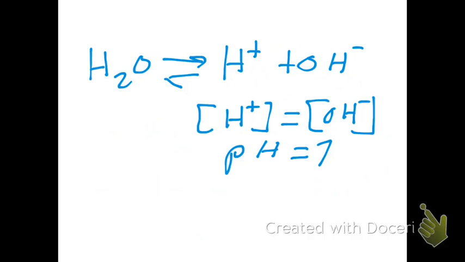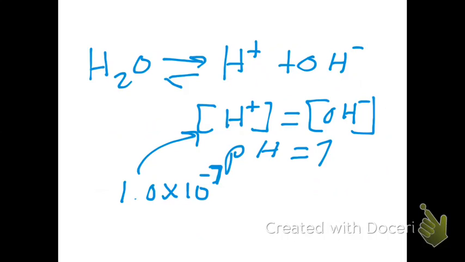So, by the way, the H plus concentration is 1.0 times 10 to the minus 7. That's what the H plus concentration is, which is also equal to the OH minus concentration.